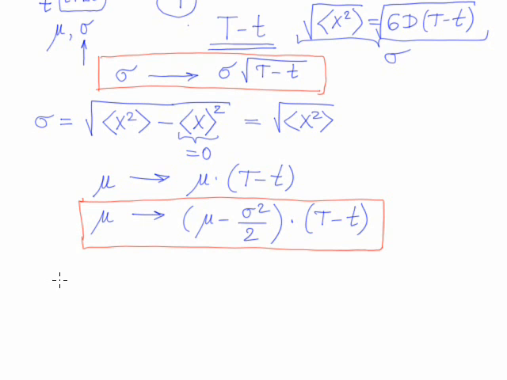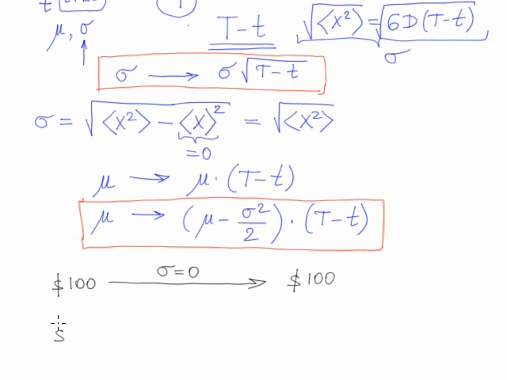Let's assume that we have a stock which is sold for $100, and there is no volatility. Standard deviation is 0, and it can grow or it may not grow. It's not important for our argument. So it's just constant and goes to 100.